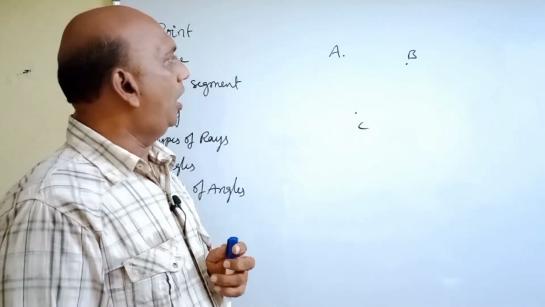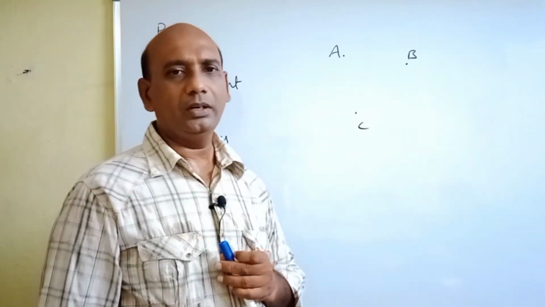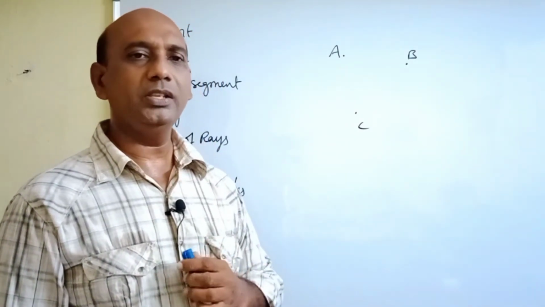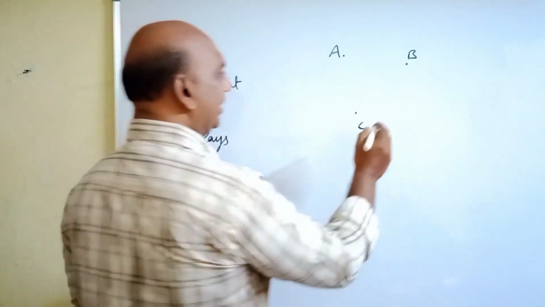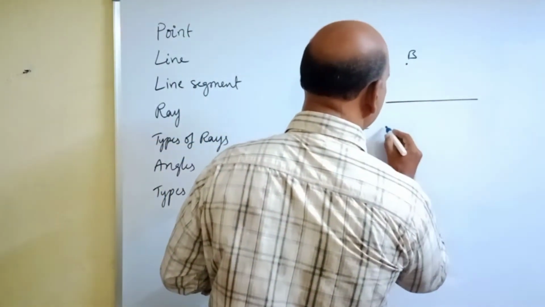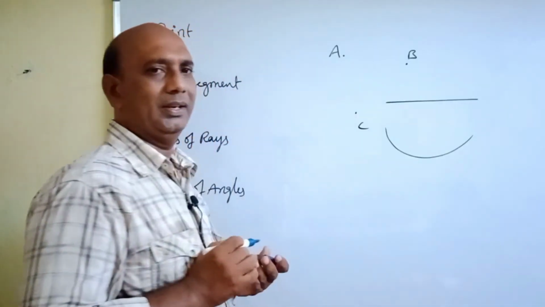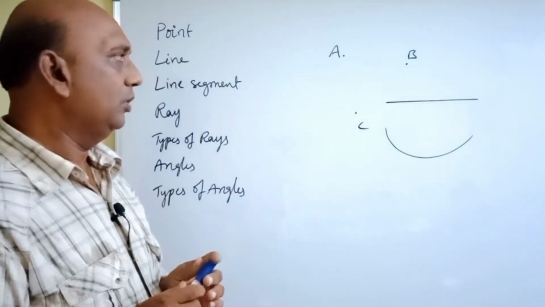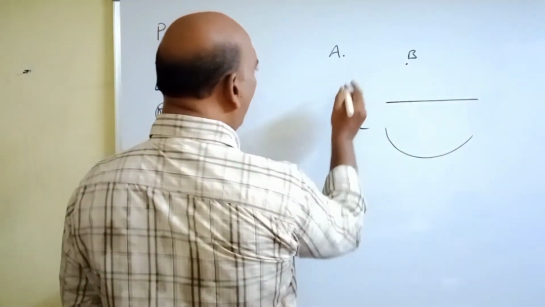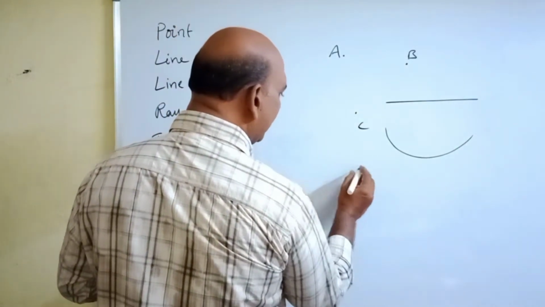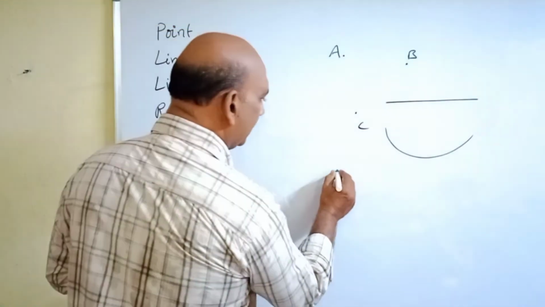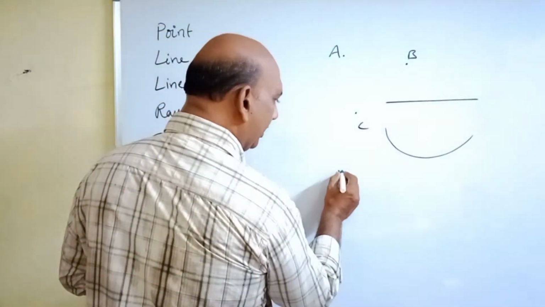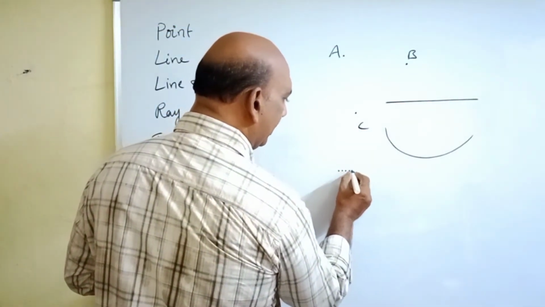So on plotting all these points continuously, we may get some patterns like straight patterns, curved patterns. Suppose we plot these points continuously side by side without gaps, that means this is one point and beside this another point, like this.